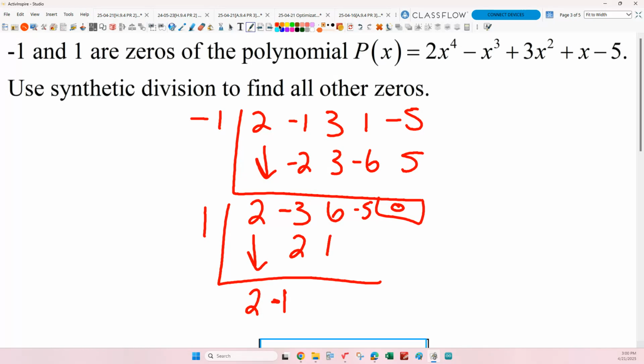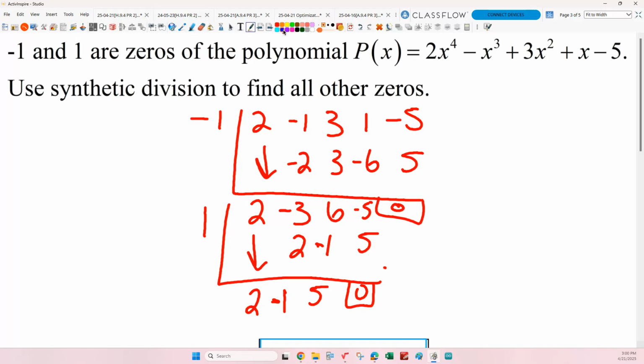That should be a -1, right? Right there? Okay, so then that would make this one negative. So if we do -1 times 1, -1. 6 minus 1, 5. So then 5 times 1 is 5. So what's my remainder? 0. Okay.